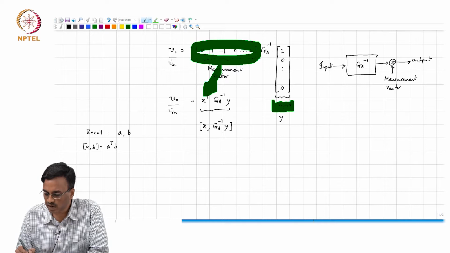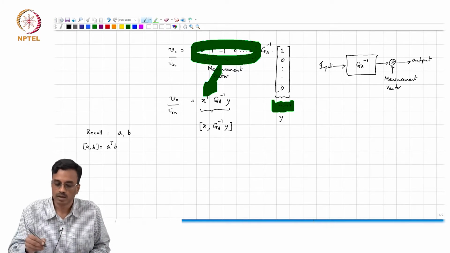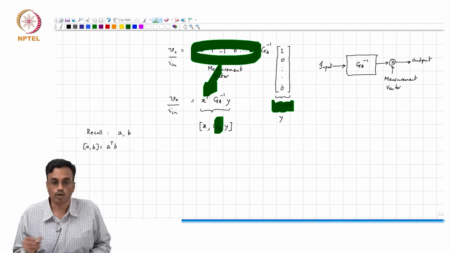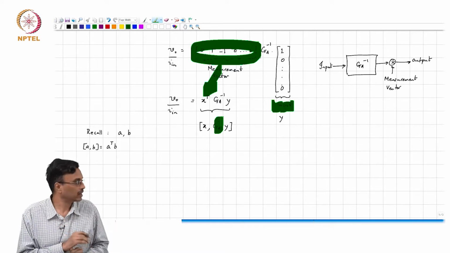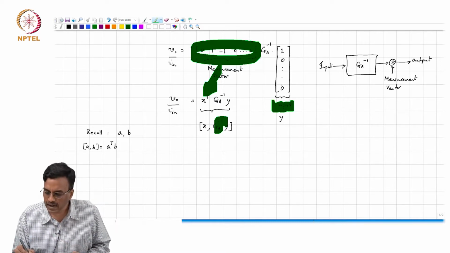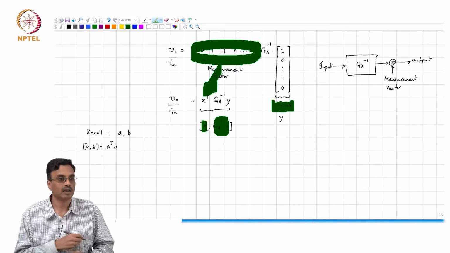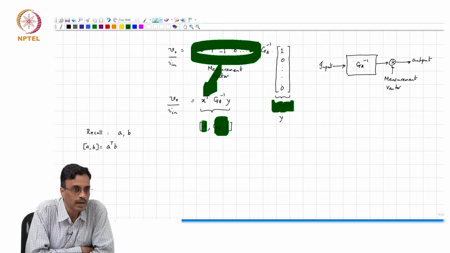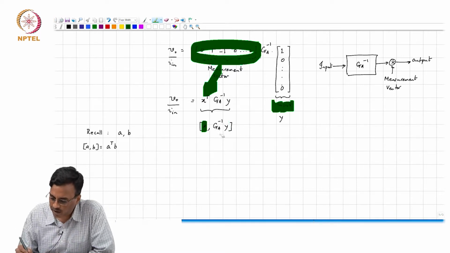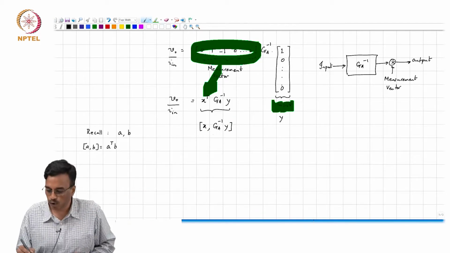You can think of it as the following. You have a vector y on which the matrix G_A inverse is operating, and the result is another vector, and you are finding the dot product of that vector, G_A inverse times y, with X. X corresponds to the measurement, Y corresponds to the input. Now, in mathematics, a legitimate question you can ask is the following.